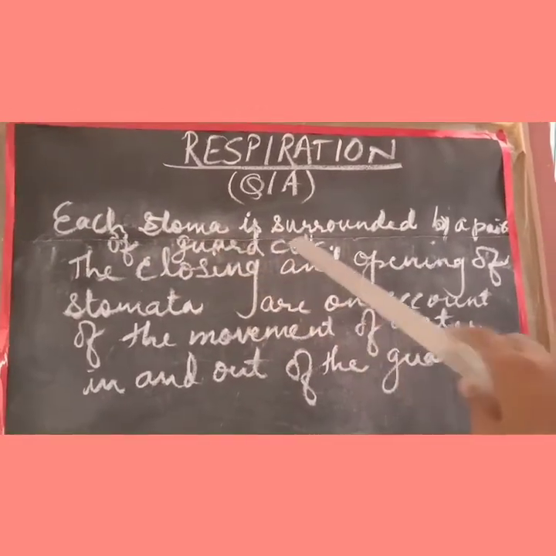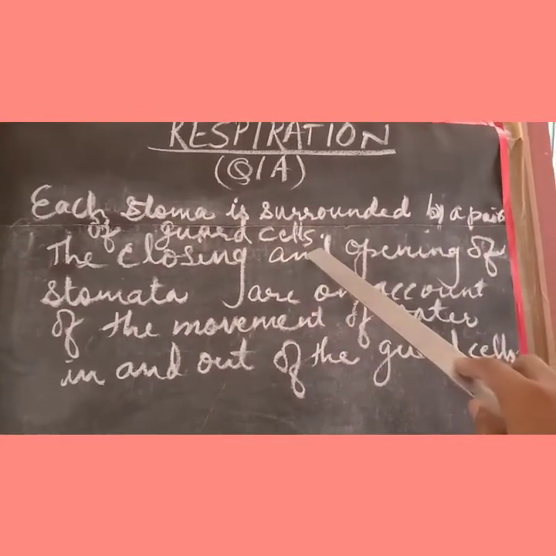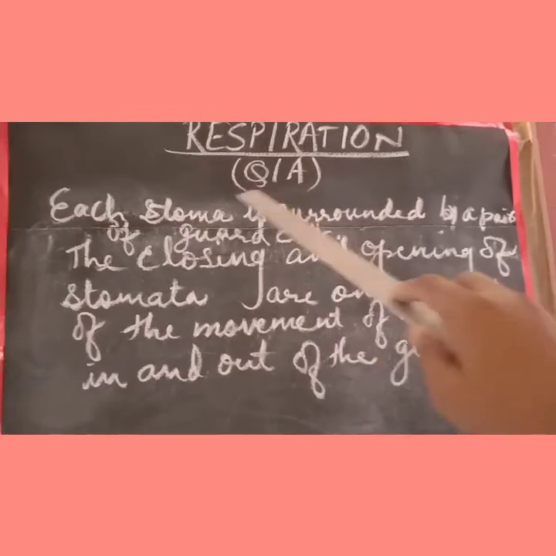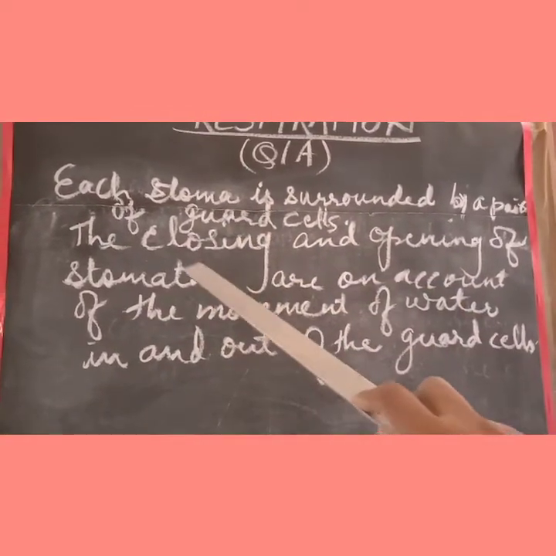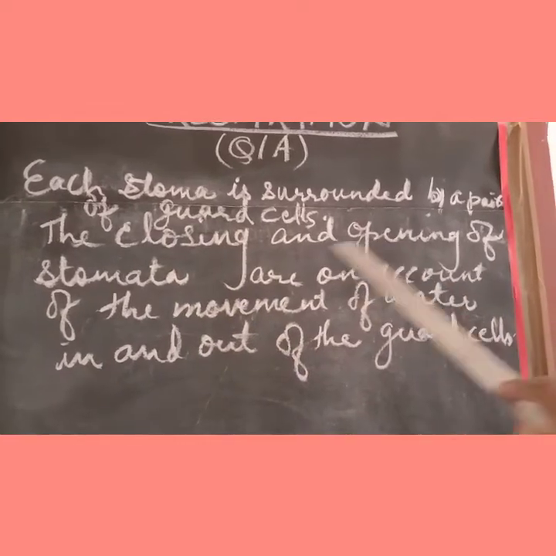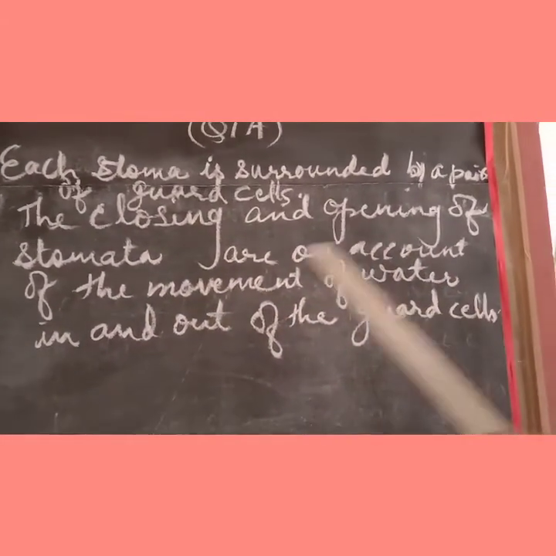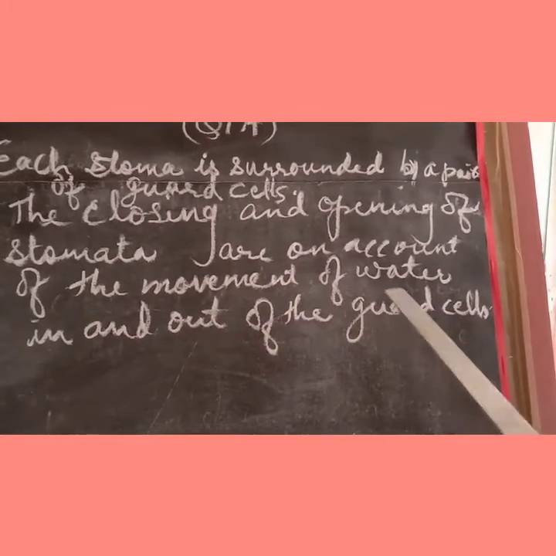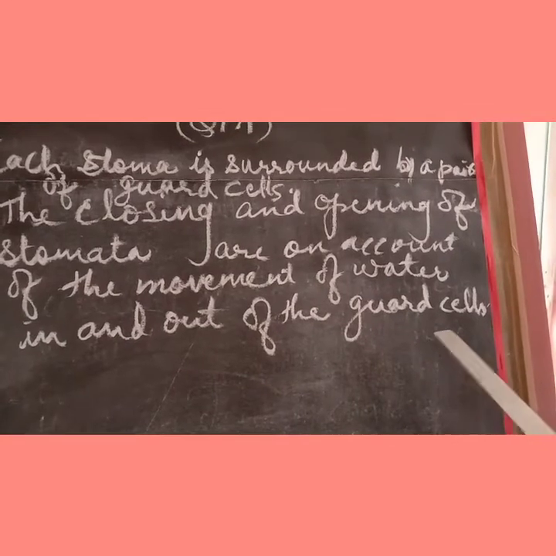Children, each stoma is surrounded by a pair of guard cells. Stoma is the singular of stomata. The closing and opening of stomata are on account of the movement of water in and out of the guard cells.